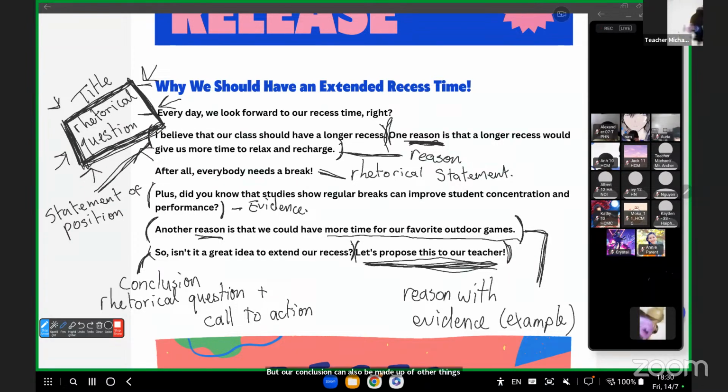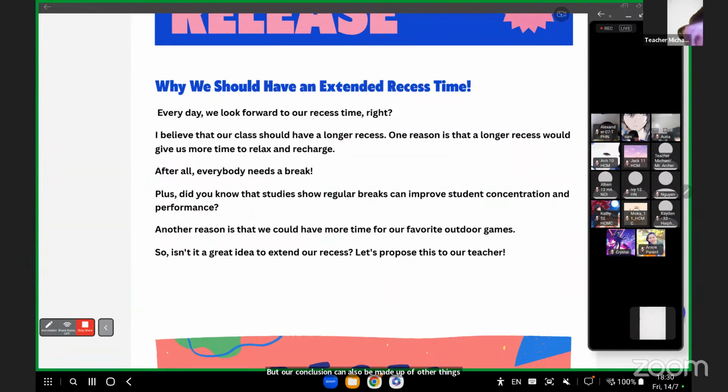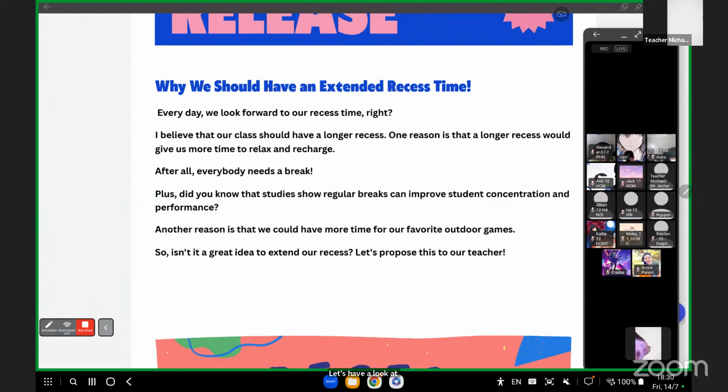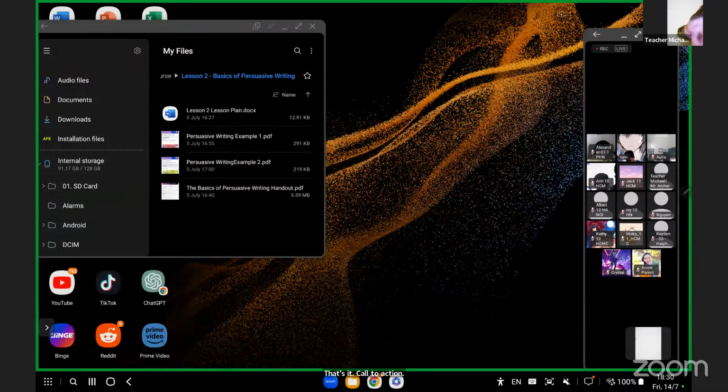All right. Let's have a look at one more example of a piece of persuasive writing. That's it, call to action. So let's go from the beginning.